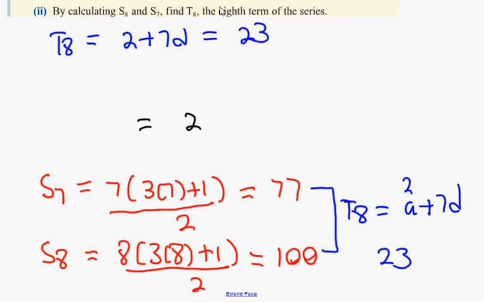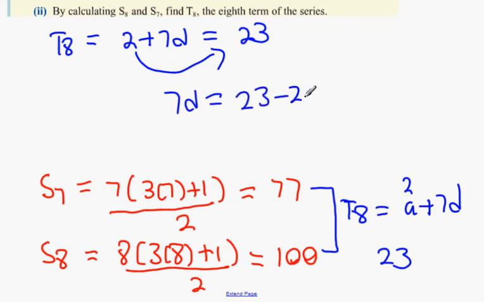So we can figure out what D is. Bring the 2 over to the other side, and we get 7D equals 23 minus 2. 7D equals 21. D therefore will equal 3.